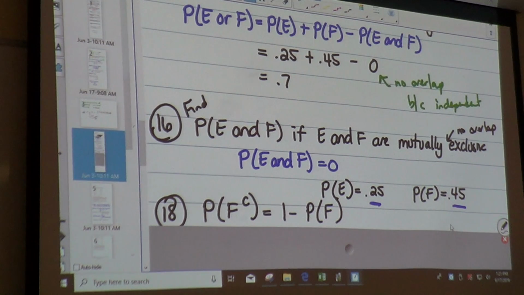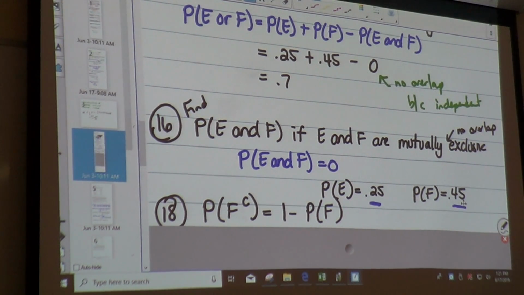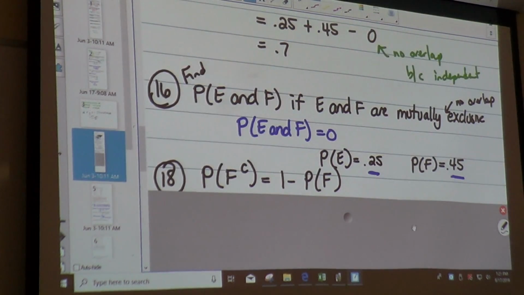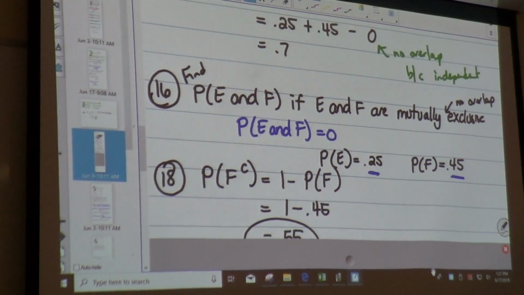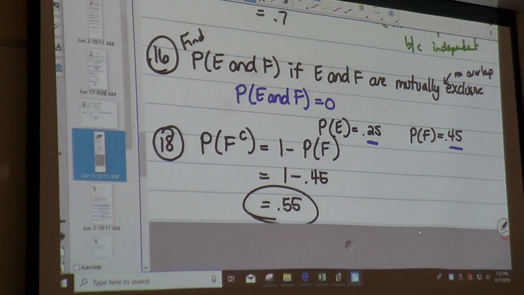You want to answer aloud? Give it to me, Josh. 0.55. If you make free throws 45% of the time, how much do you miss the free throws? 55% of the time. That is going to be its complement. The misses are going to be the rest of the story. Everything else.